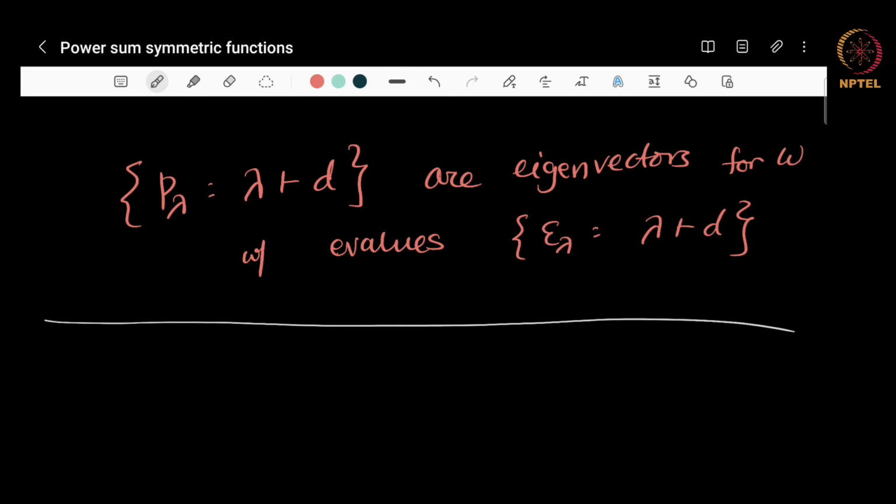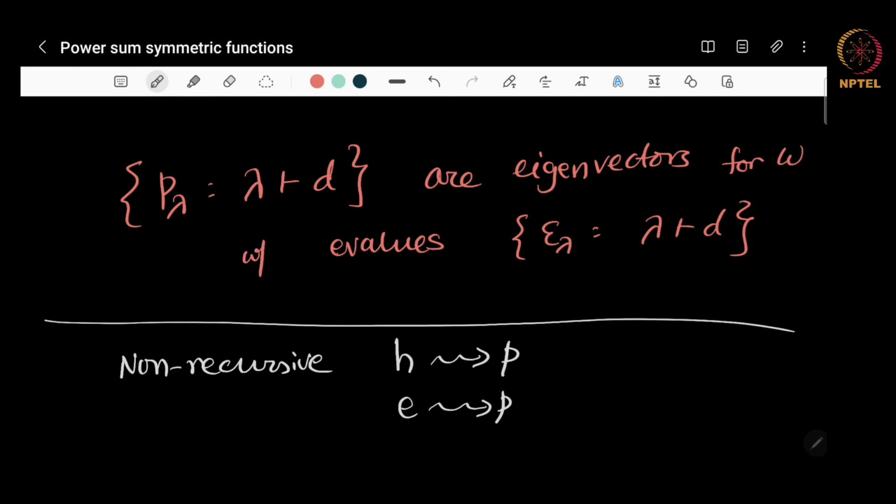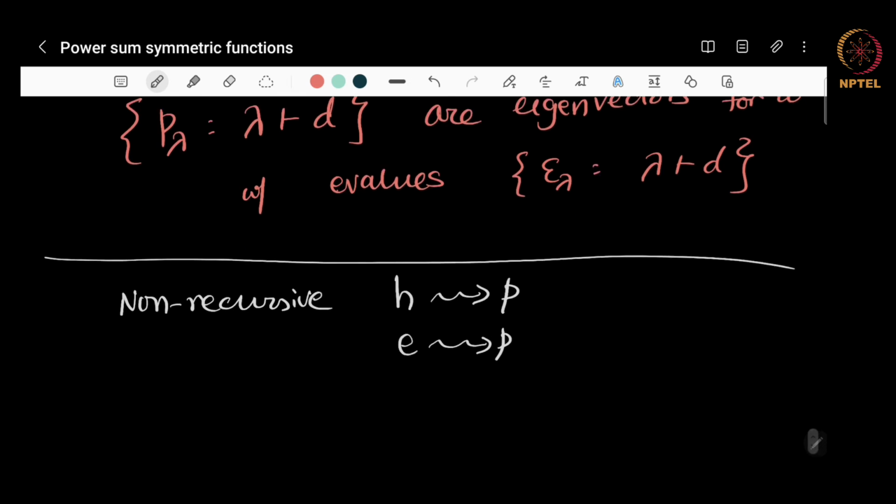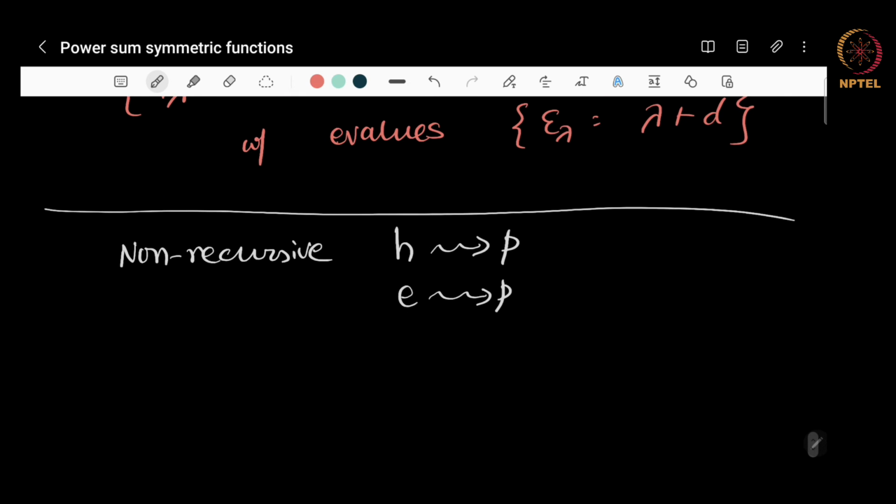This is a non-recursive description of how to write h in terms of p or how to write e in terms of p. This is specifically for the h n's and the e n's. So let's work this out.